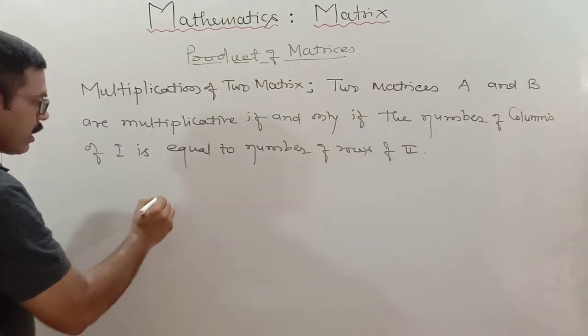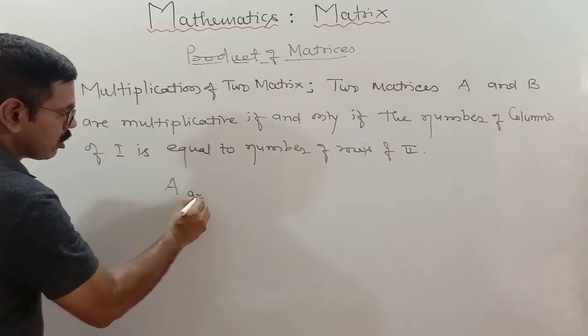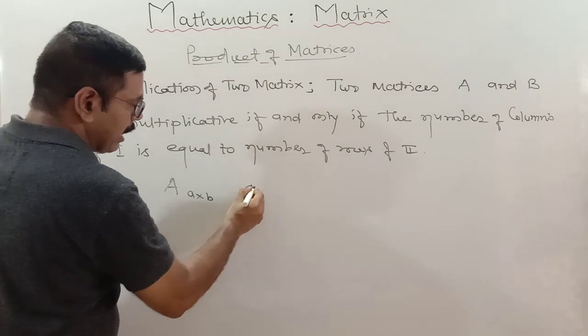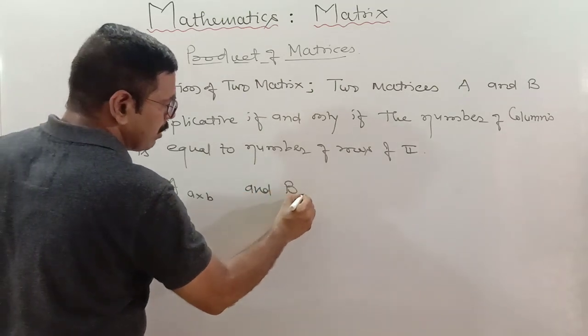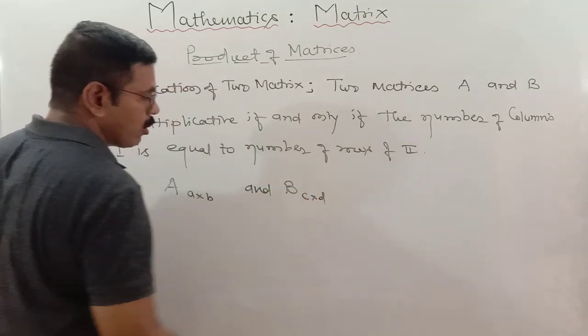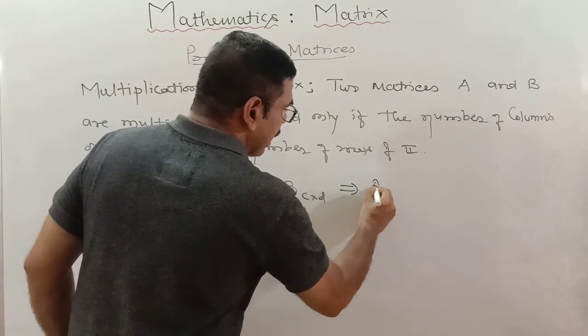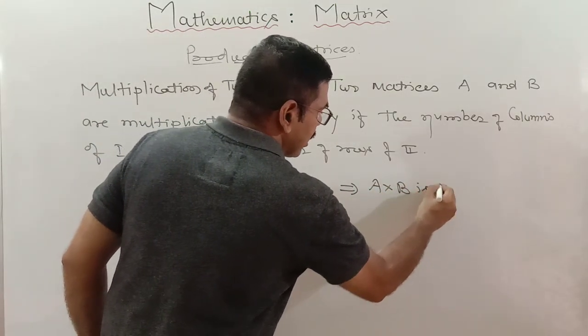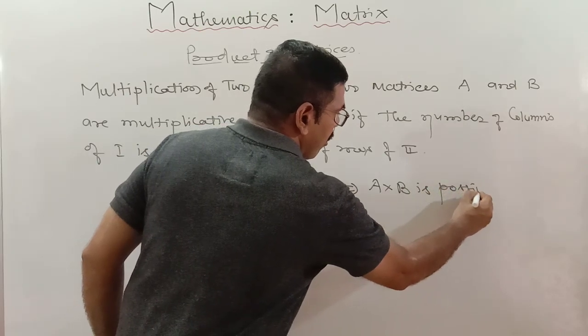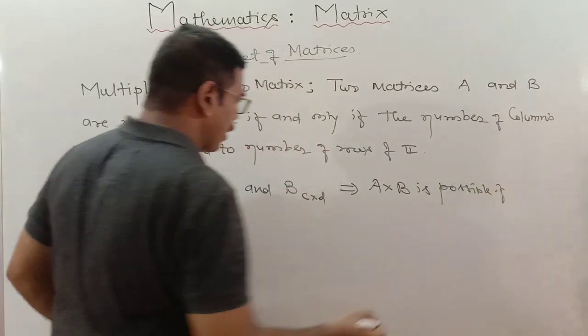See, suppose A is a matrix of order A cross B and B is a matrix of order C cross D. Then they are multiplicable. A cross B times C cross D is possible, when?